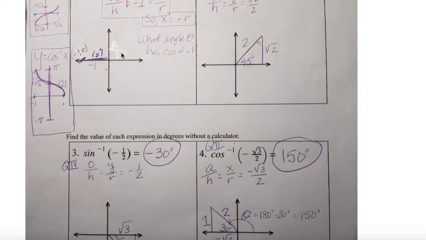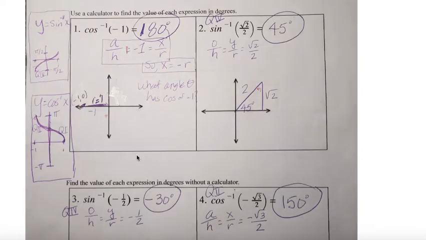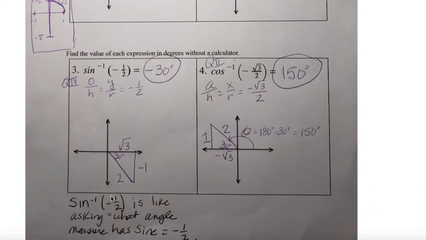Sine inverse only gives out angle measures from negative pi over 2 to pi over 2, quadrant 4 to quadrant 1. And if it's negative, it must be quadrant 4. So the y-coordinate over the radius is negative 1 over 2. Y-coordinate is negative 1. The radius is 2. That happens on a 30, 60, 90 triangle. So the 30-degree angle goes opposite the 1, so this must be negative 30-degree rotation to land us here.